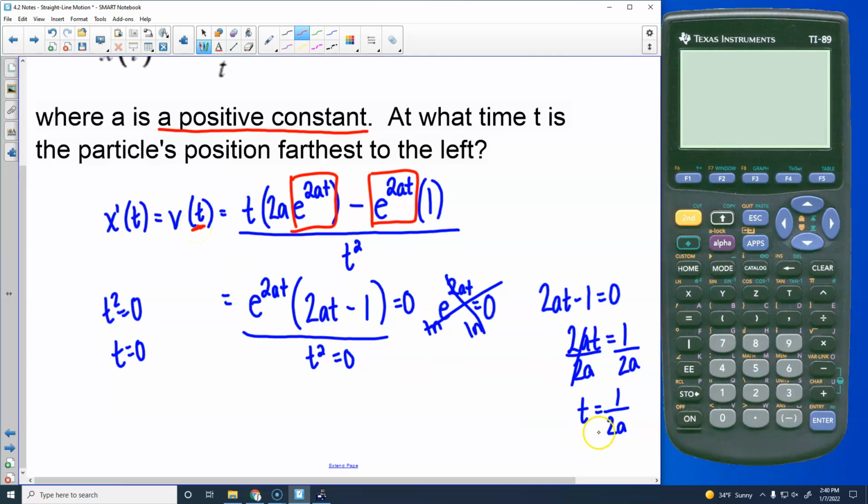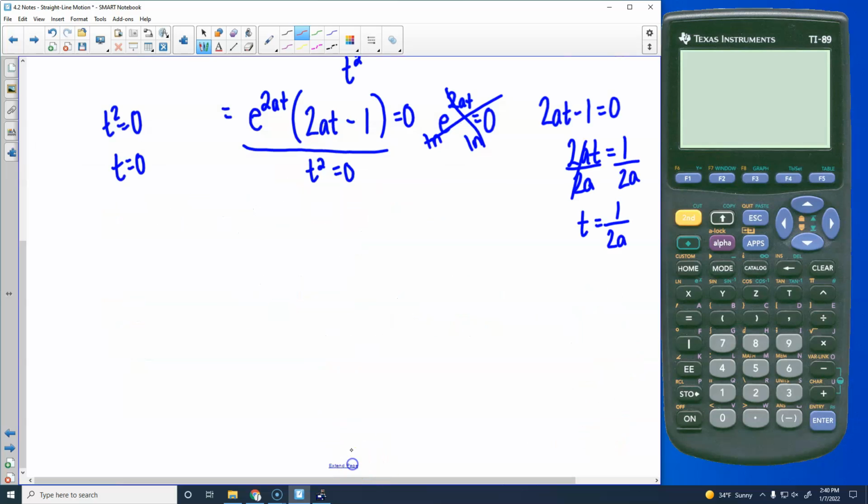All right, so our critical point that we got here is 1 over 2a. So I need to know whether my derivative is positive or negative. So I will have 0 as a critical point or the end point that I'm looking at, either one. And then I've got 1 over 2a. And I need to know what the sign of the derivative is.